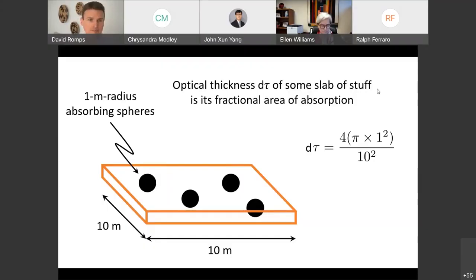That's in the denominator. And in the numerator, we have the sum of the projected area of the spheres. Each sphere has a projected area of pi meters squared. So there are 4 of them. So it's 4 pi divided by 100, or pi divided by 25, or 0.13. So this is a simple classical example of an optical thickness for a slab with these absorbing spheres in it.